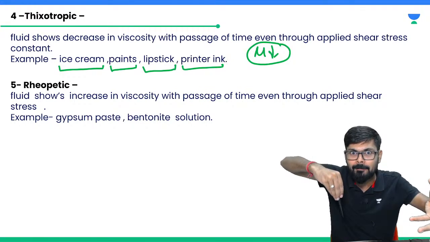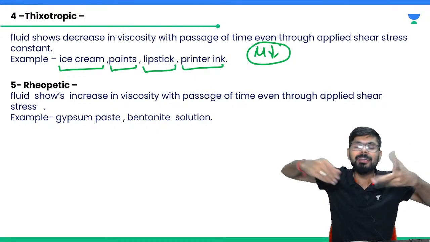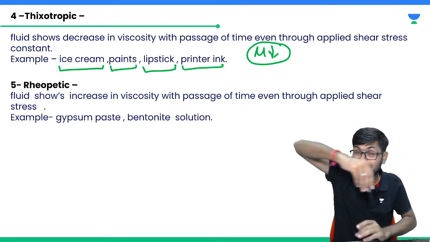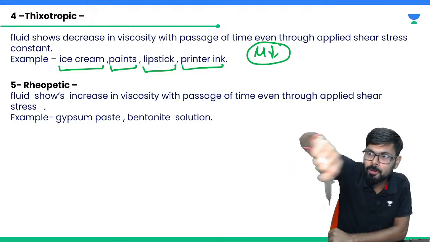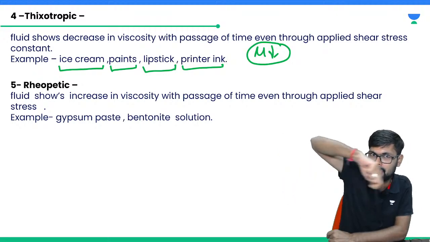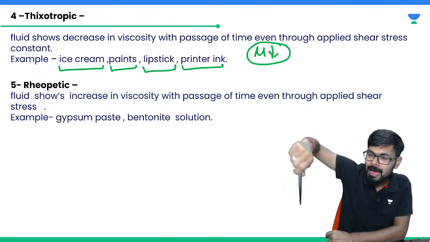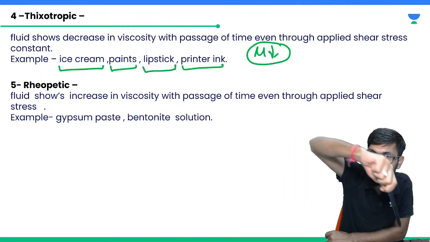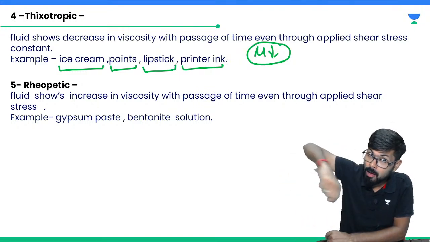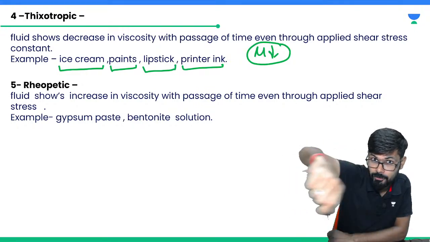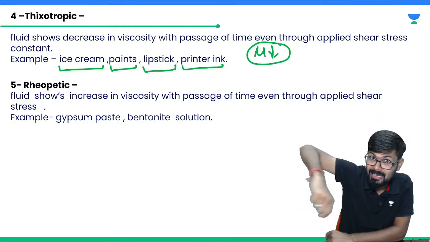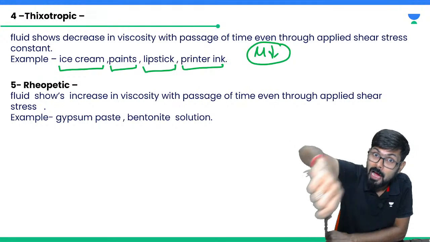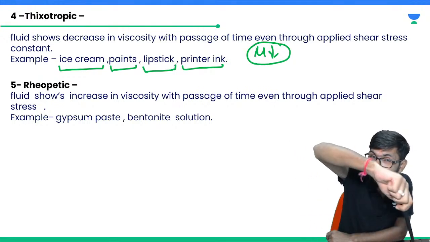Suppose for the initial 1 minute you are applying the same du by dy, and when you are applying it, initial 1 minute high resistance is there, high viscosity is there. After 1 minute the viscosity decreases. After 2 minutes again viscosity decreases, but you keep on applying it.